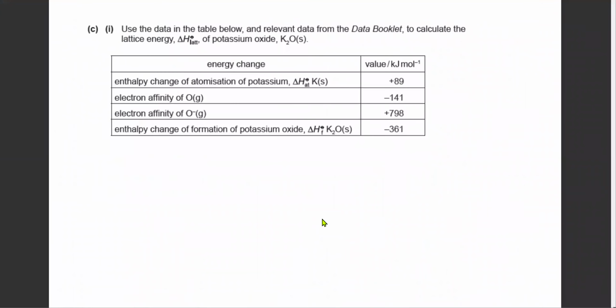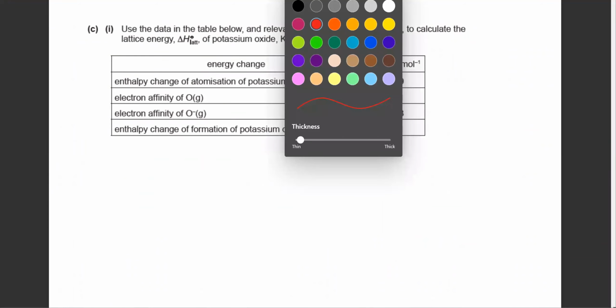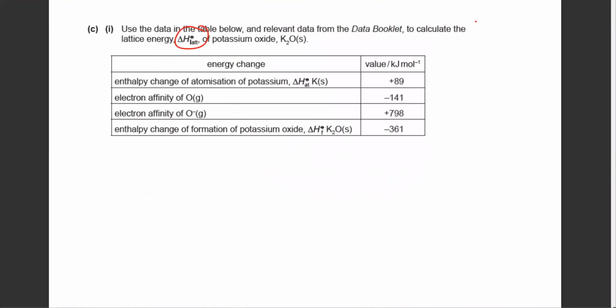You're being asked to calculate the lattice energy of potassium oxide. So you're going to make a similar Hess cycle. The elements, in this case potassium solid plus O2 gas, react together to form K2O, which is an ionic solid.